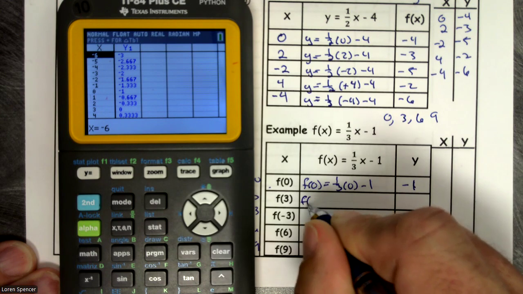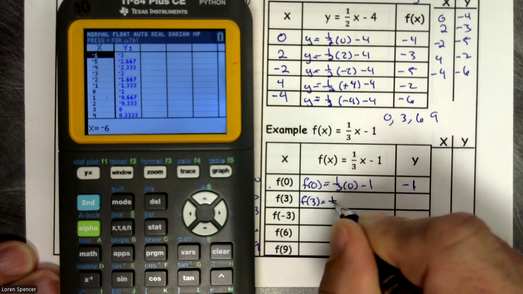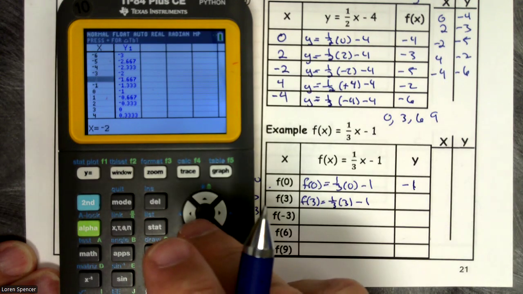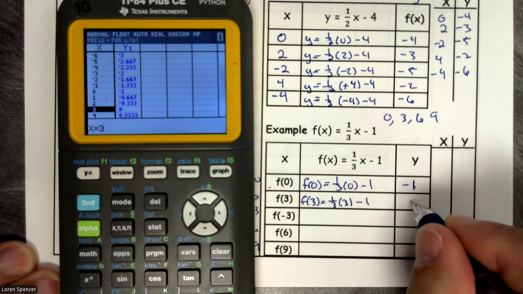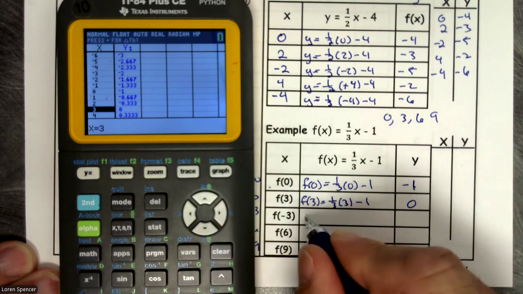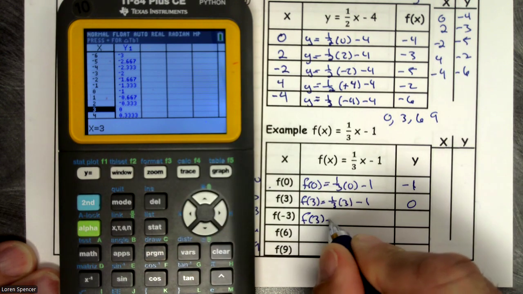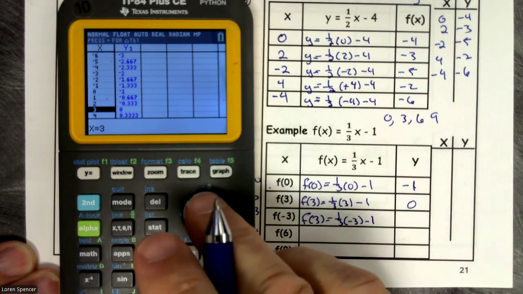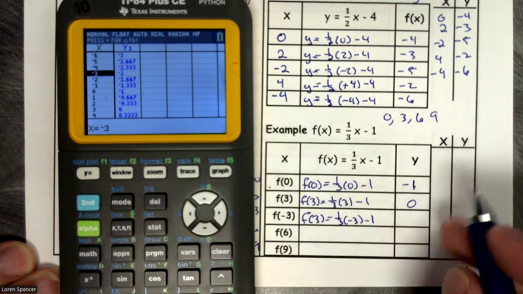Then we're going to do f of 3 equals 1/3 times 3 minus 1. So what do we get when we have 3? At 3, we get 0. Then it wants f of -3 equals 1/3 times -3 minus 1. And that gives me -2.